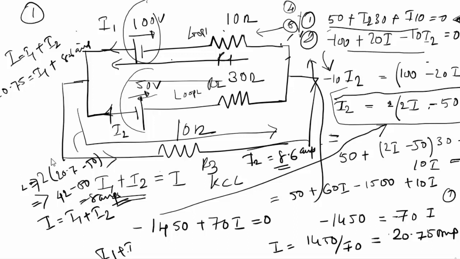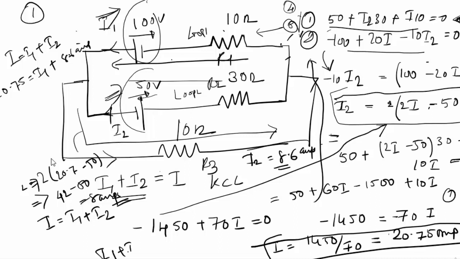So I have found out what the question was. My question was only to find the value of I, which I have found as 20.75. But to further find I1 and I2, I can do that simply, and so my I1 will come close to 12.15. So this was a simple example of a circuit solved using both KCL and KVL.